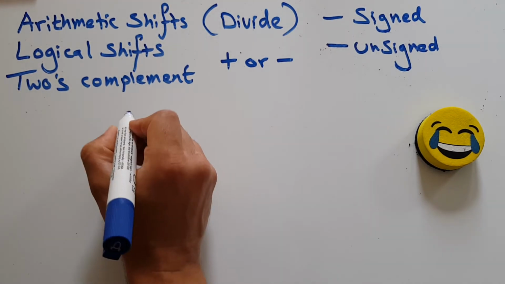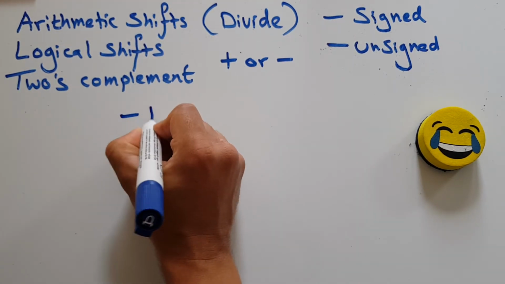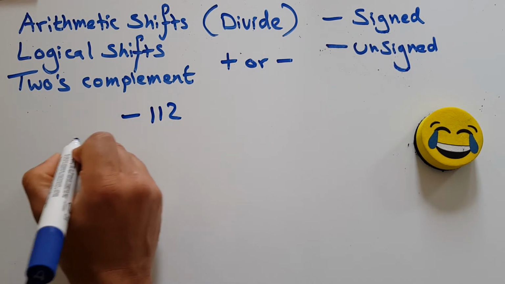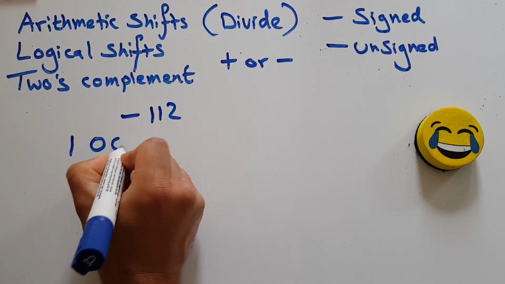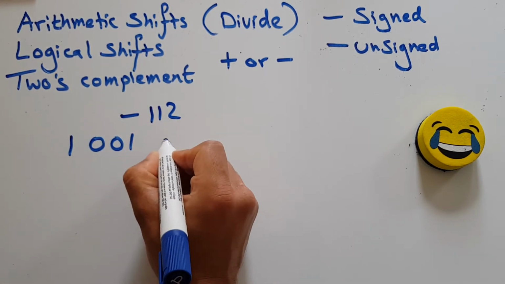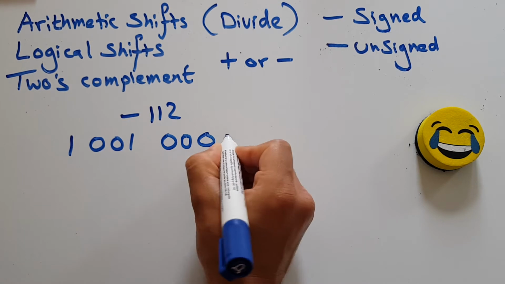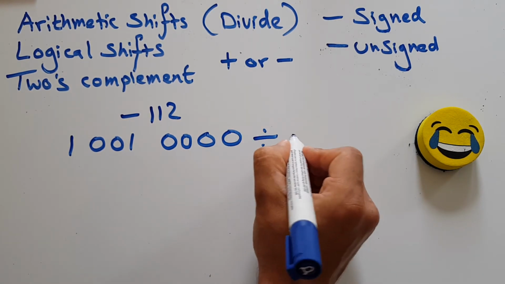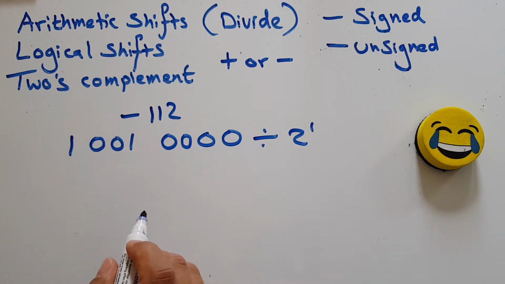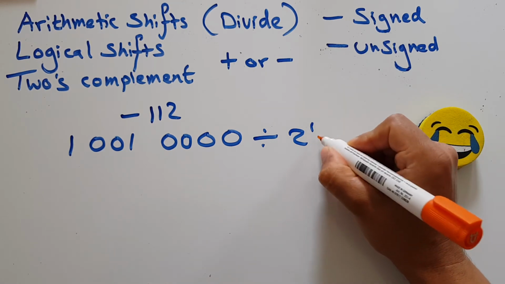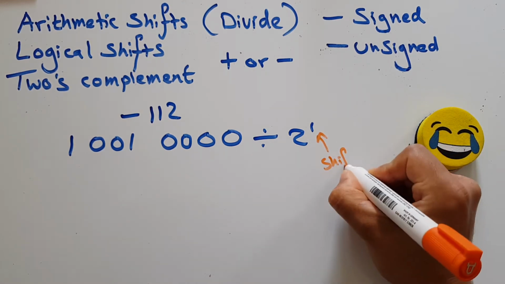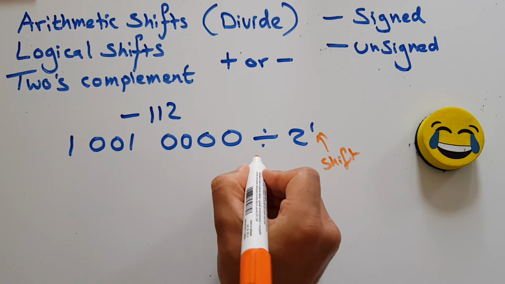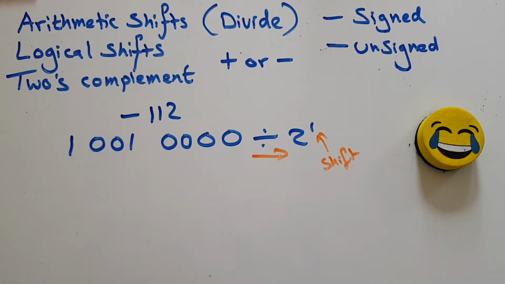Okay, so this time I'm going to take minus 112, all right? And here is the binary for minus 112. 1, 0, 0, 1, 0, 0, 0, 0. And let's say I want to divide it by, I don't know, 2 to the 1, which we know is 2. So how do I do that? Well, number 1, let me observe that this is my shift. I'll observe that a division means a right shift.